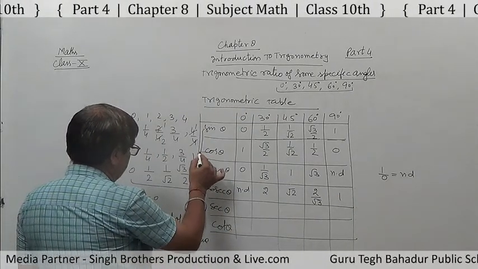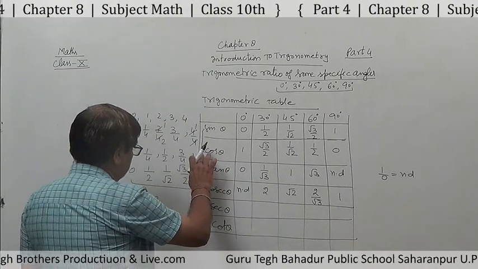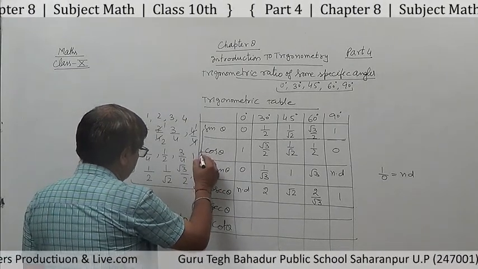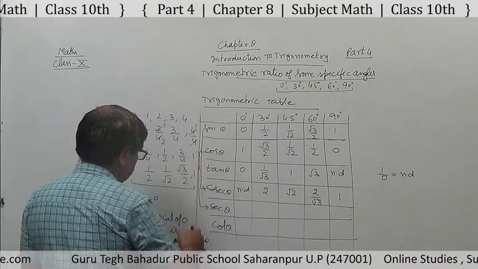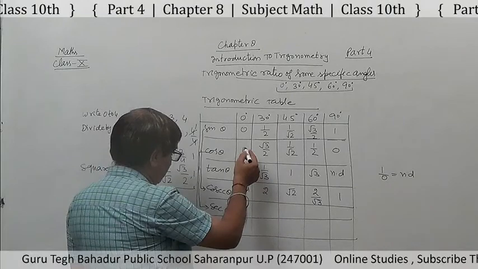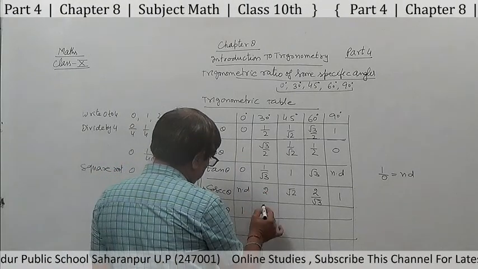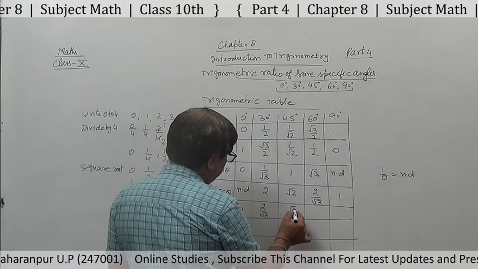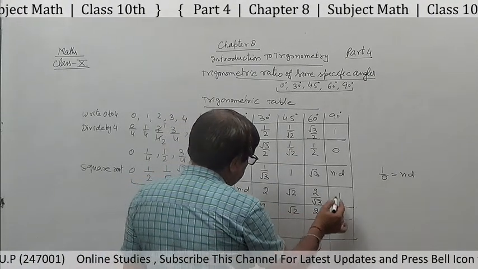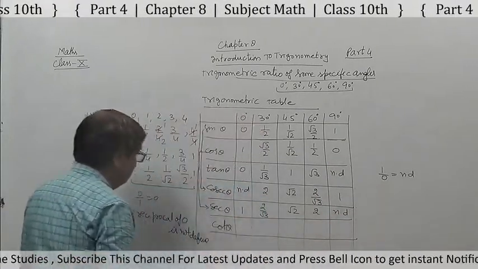Sec is the reciprocal of cos. So reciprocal of 1 is 1, 2 upon root 3, root 2, 2, reciprocal of 0 is not defined.